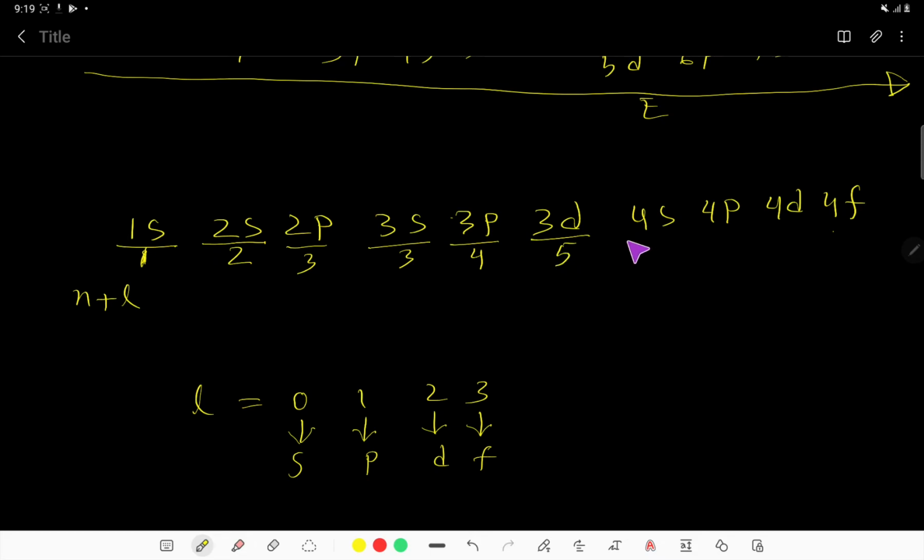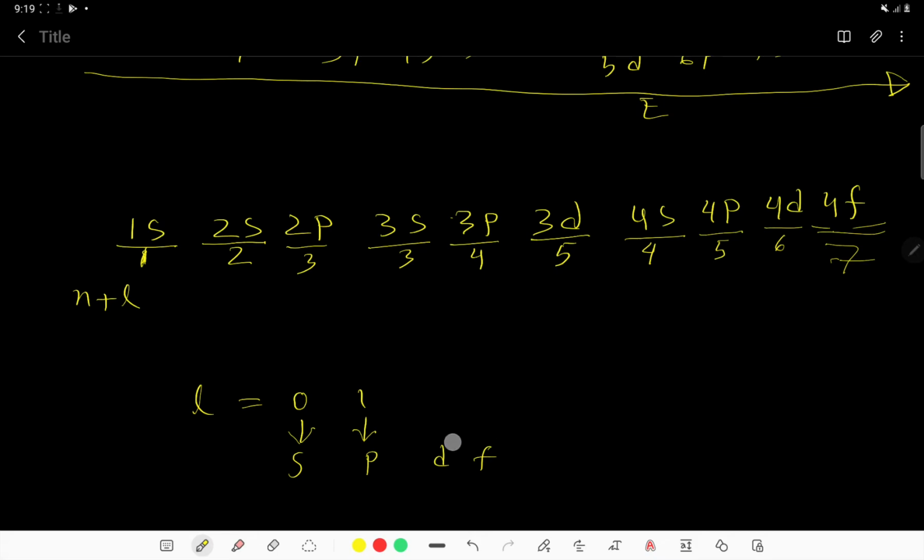Then 4 plus 0, 4, then 4 plus 1, 5, then 4 plus 2, 6, then 4 plus 3, 7.